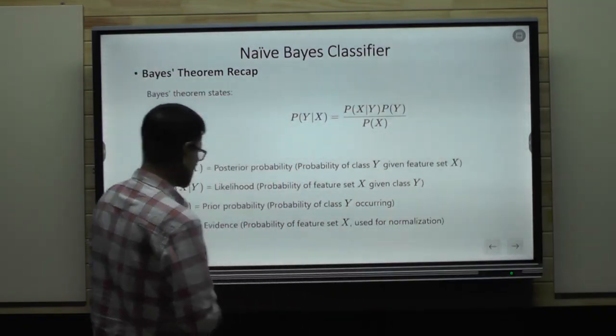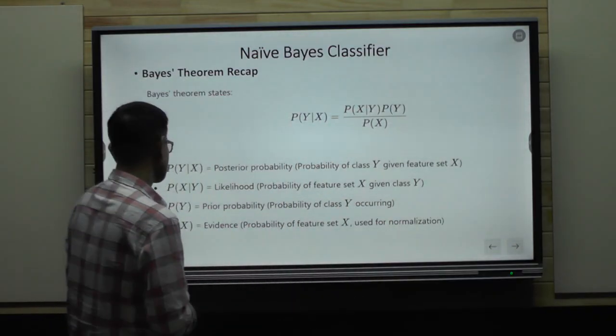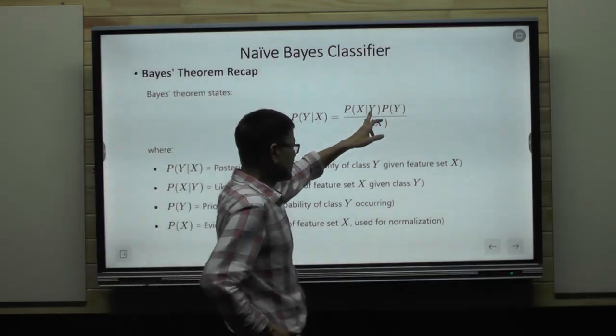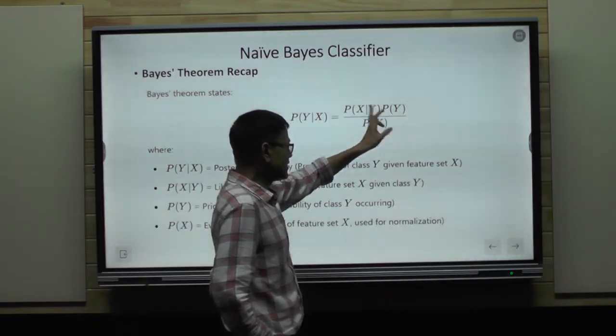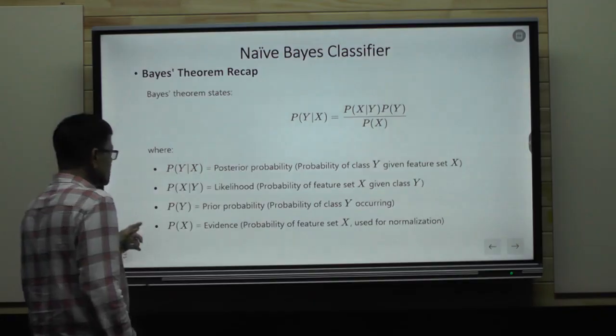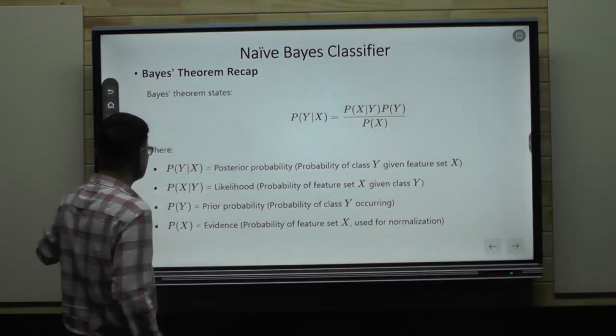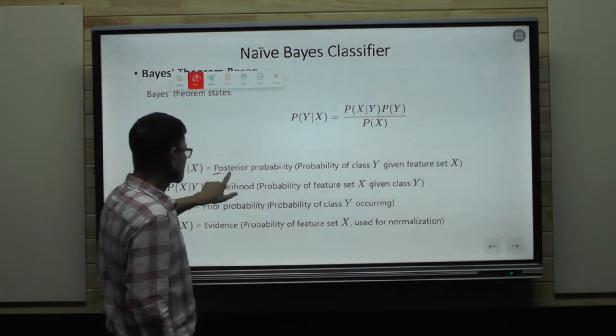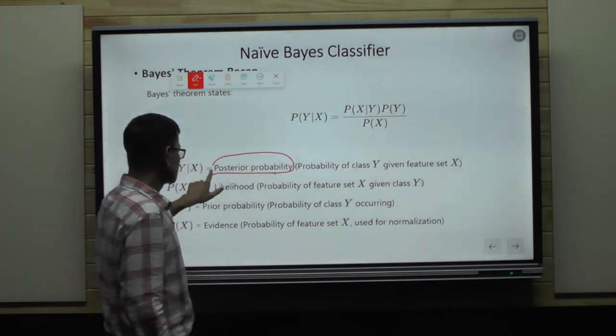Okay, so we'll start with Bayes theorem. It is the probability of x given y times the probability of y, divided by the probability of x. So what we do, we assume posterior probabilities.